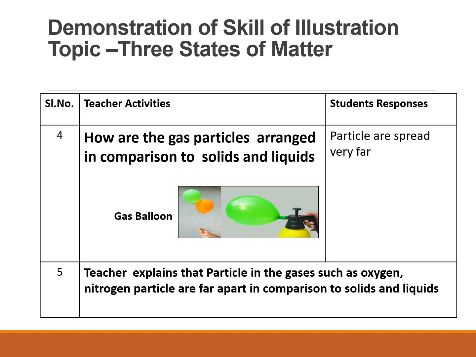The student again replies, the particles are spread very far apart. Thus, the teacher explained that gases such as oxygen, hydrogen, and nitrogen have particles far apart in comparison to solids and liquids.